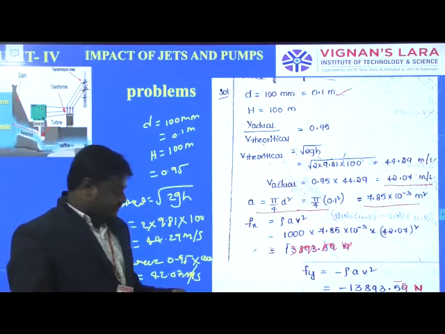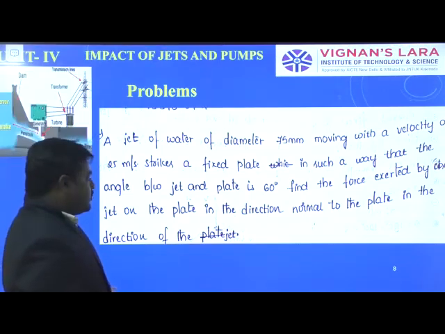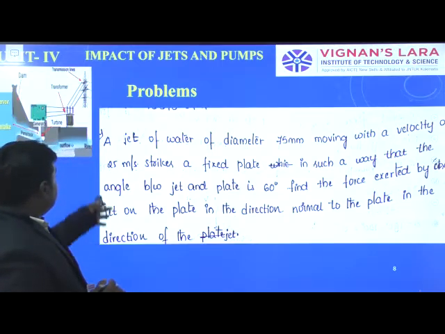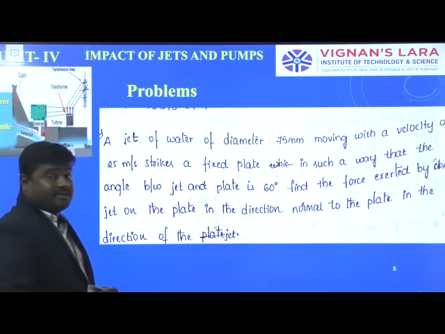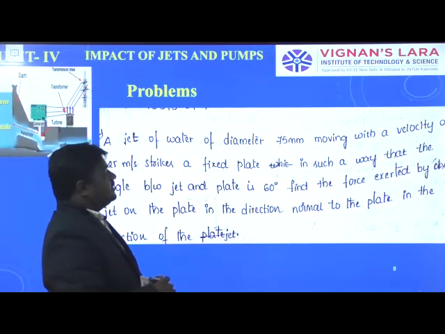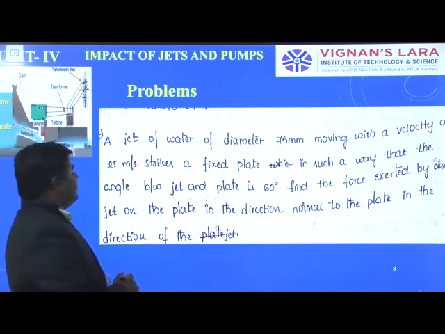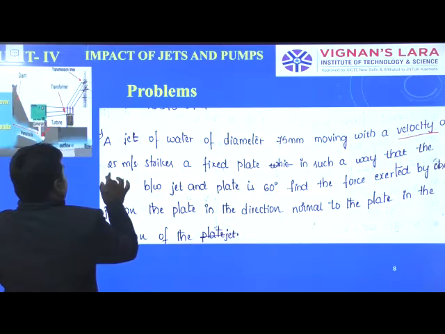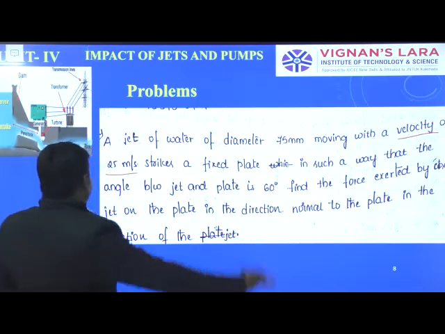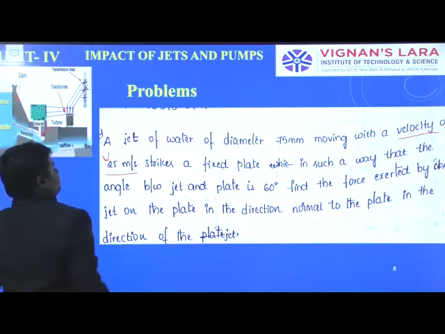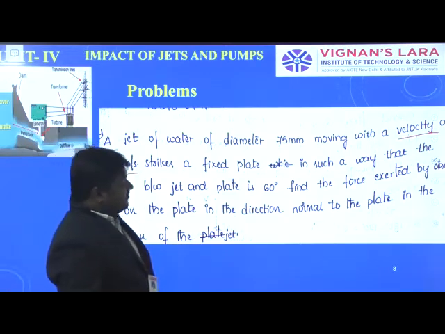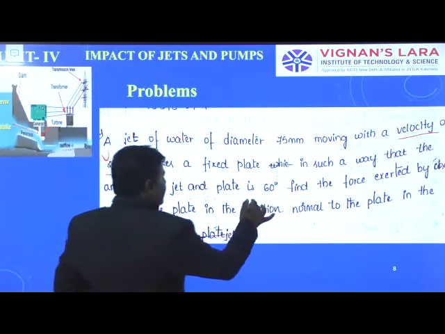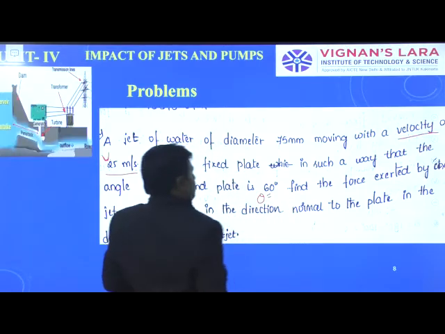So momentum equation. Some of the problems we have to do are given in the material. So one problem I have to read: a jet of water of diameter 75 mm moving with a velocity of 25 meter per second strikes a fixed plate in such a way that the angle between the jet and plate is 60 degrees.